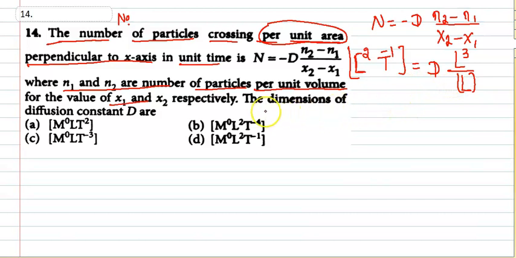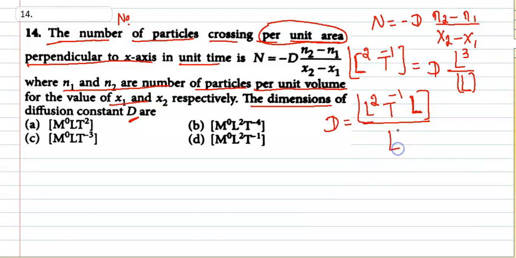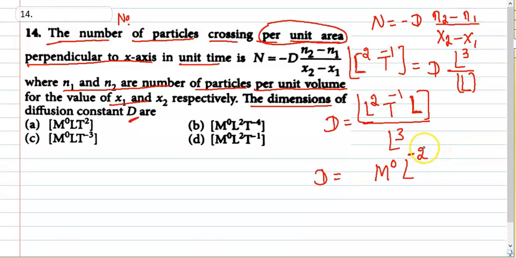Now you have to find the dimensional formula for D. D is equal to L squared T to the power of minus 1 into L divided by L cubed. So the dimensional formula for D has no M, so M to the power of 0, and L cubed and L give L to the power of minus 2 in the denominator, since per unit volume means minus, then T to the power of minus 1.